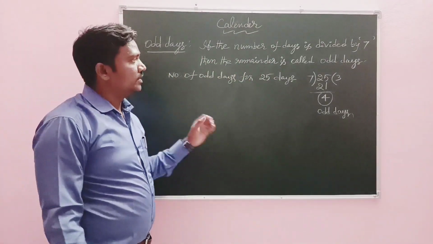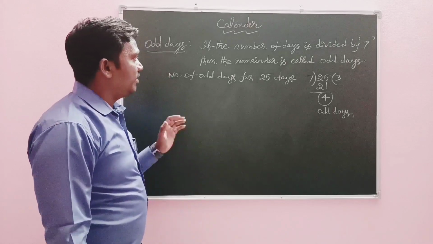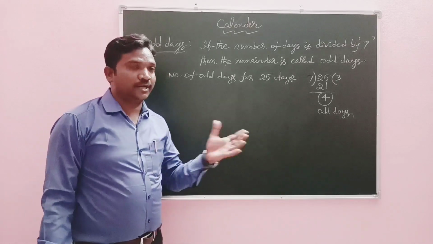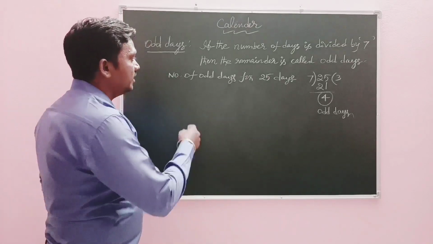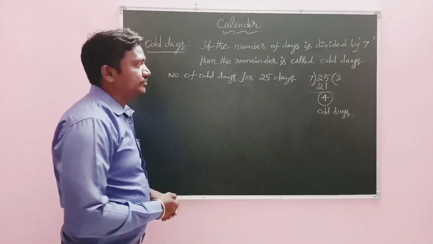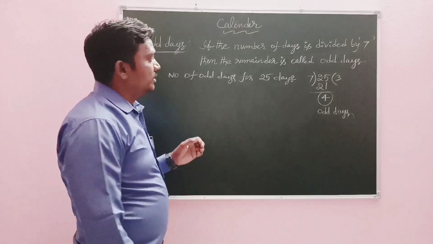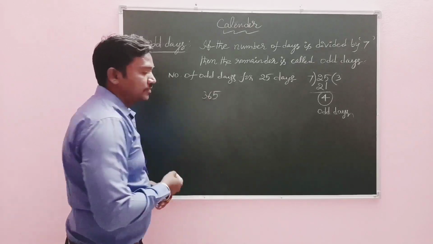Got it? Now I will ask you one question. How many odd days in a general year? Could anybody tell how many odd days for a general year? Okay. In a general year, we have 365 days.